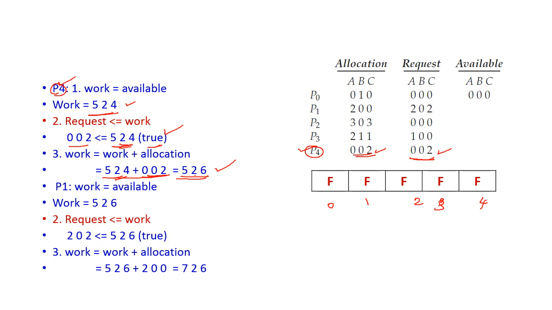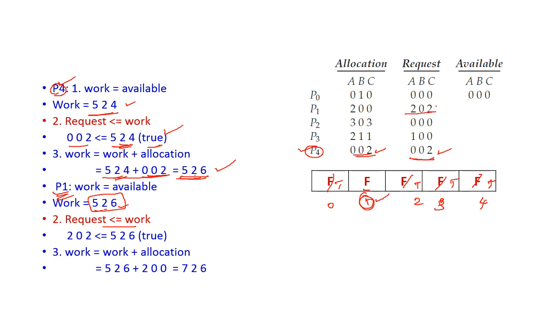Now we will come back to the first process, that is P1. This one got finished, this is also finished, this is finished and this is also finished. Only one is pending for us. Now what is the current work? This is our current work, that is the available resources 5, 2, 6. Now we need to test whether request is less than or equal to work. What is the request of P1?